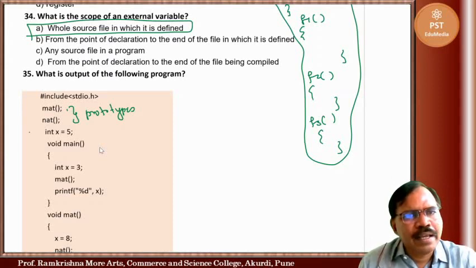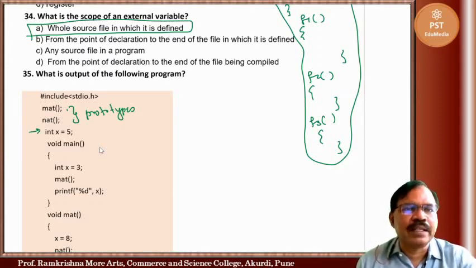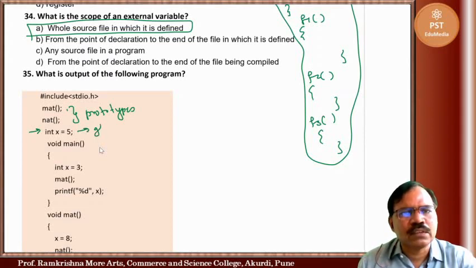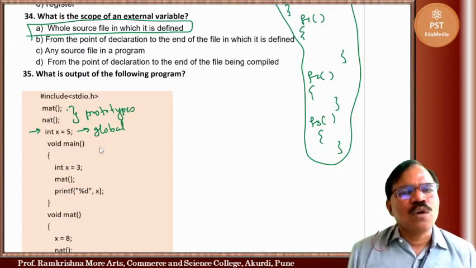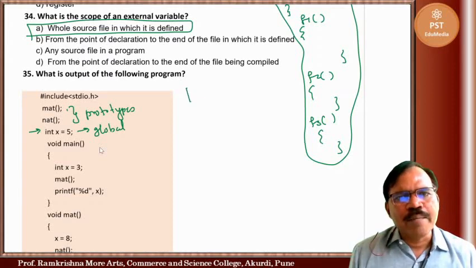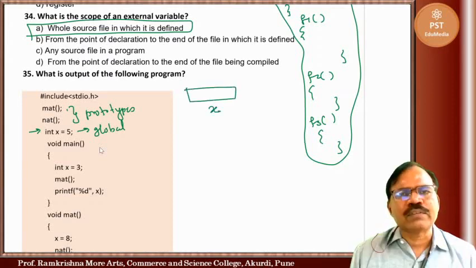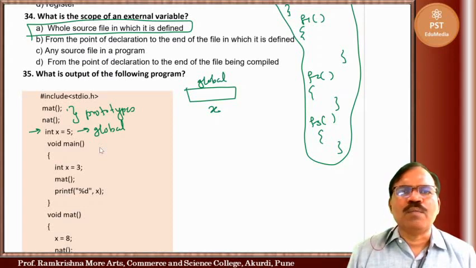Now here int x equal to 5 is before main, so this is a global variable. Global means its scope is over all the functions. So one memory location is reserved by the name x and it is global.